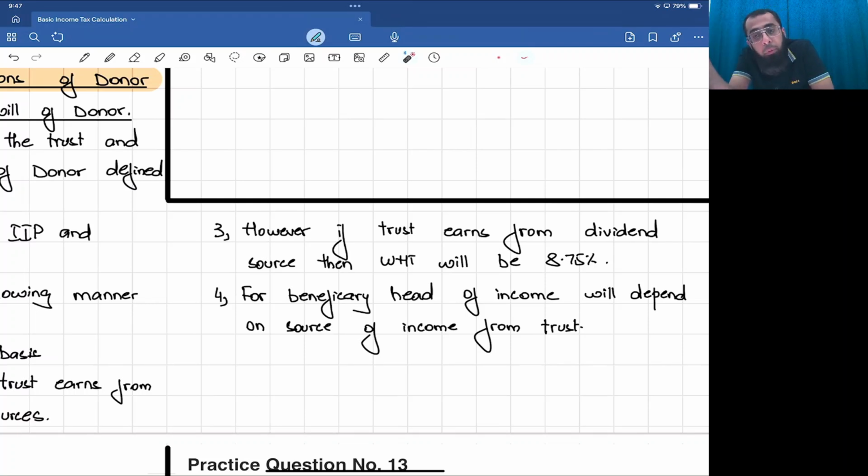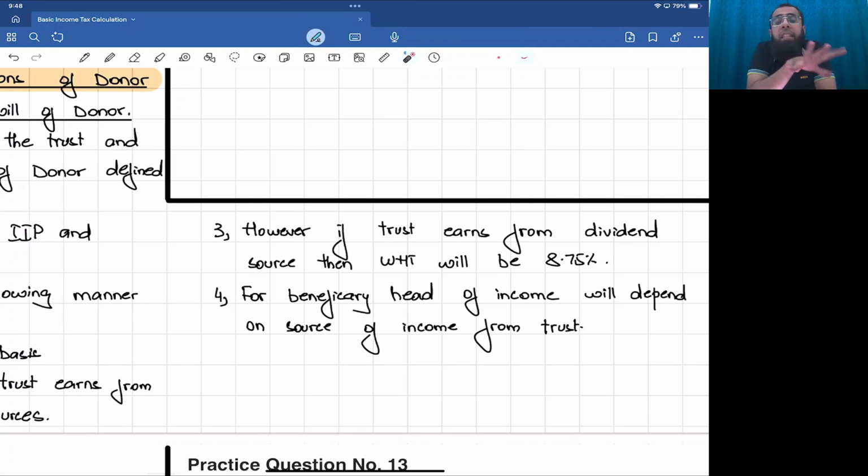If the trust earns from dividend sources, for the beneficiary also it will be dividend income. See, it's logical. Trust earns from interest income, for the beneficiary also it's interest income. If the trust has a portfolio of shares and is earning from dividends, for the beneficiary also it will be dividend income.